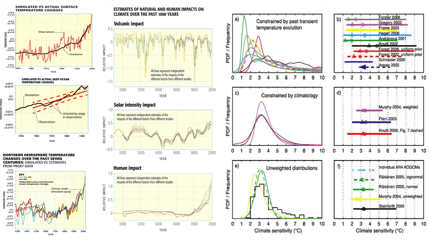The equilibrium climate sensitivity is likely to fall within the range of 1.5 to 4.5 degrees centigrade per doubling, with the most likely value around 3 degrees centigrade. The last three sets of figures give the estimate of the equilibrium climate sensitivity based on the studies: the past variability is the top one, and current day climatic data is the bottom one.